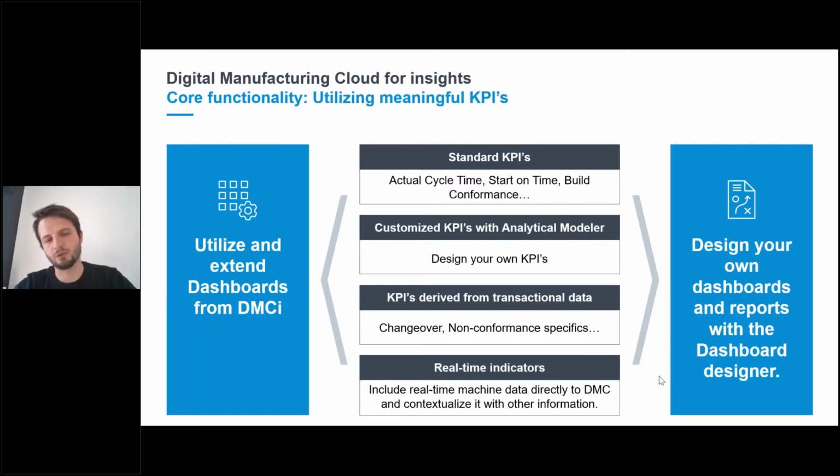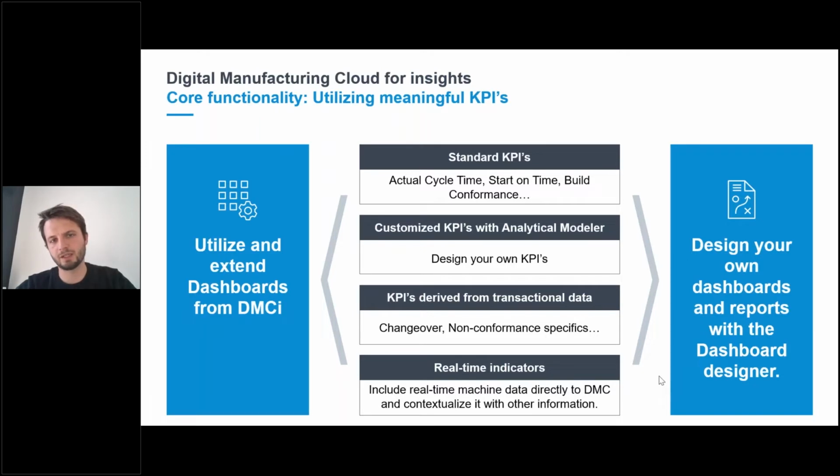And that is, of course, when the respective production processes are in place to generate the relevant data. To name just a few current standard KPIs that are already maintained, this is, for example, start and finish on time of specific orders, but also the overall equipment effectiveness, which represents the central indicator not only within production, but also plays a big role within the DMC.